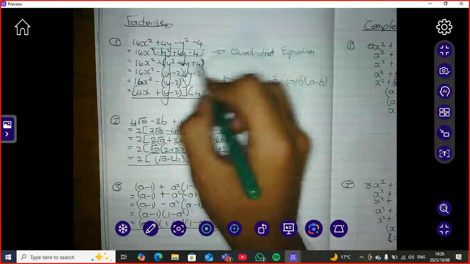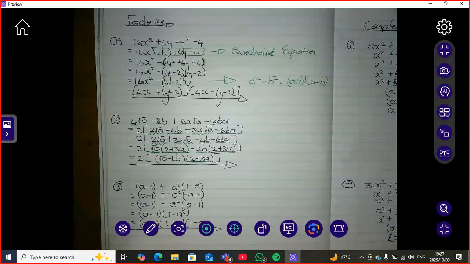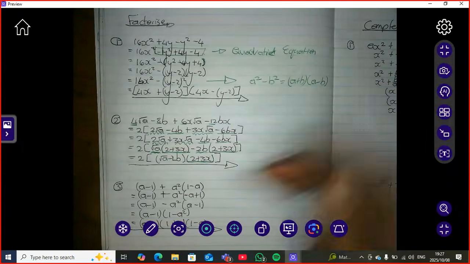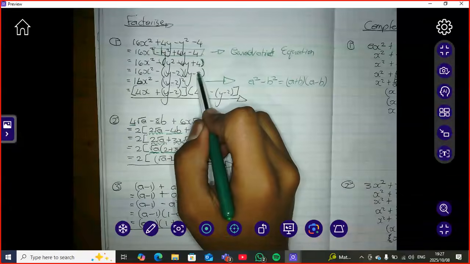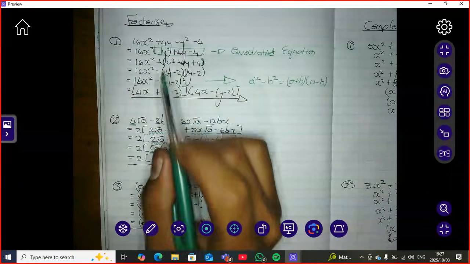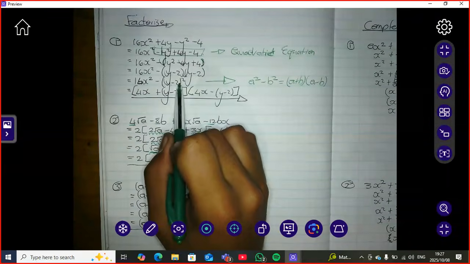I don't want to factorize this with a negative in front of my y squared because that will make my life difficult when I'm trying to factorize. So I factorize this as y minus 2 and y minus 2, which is y minus 2 squared.